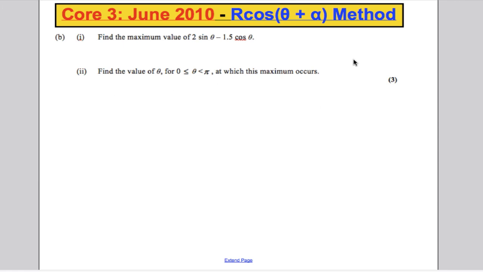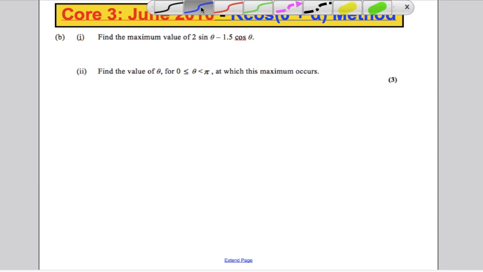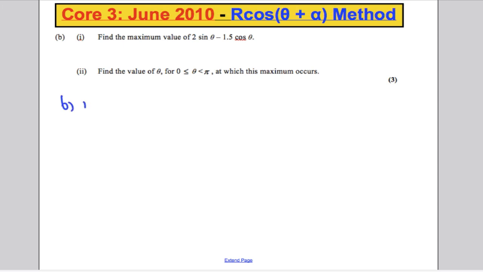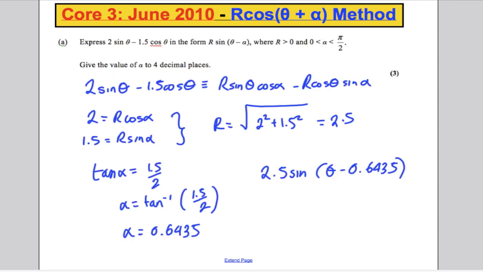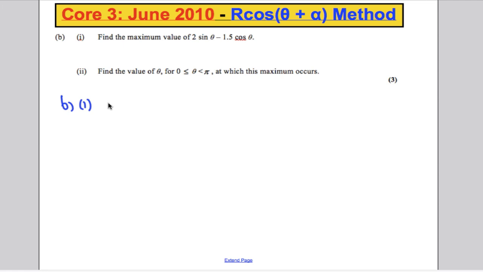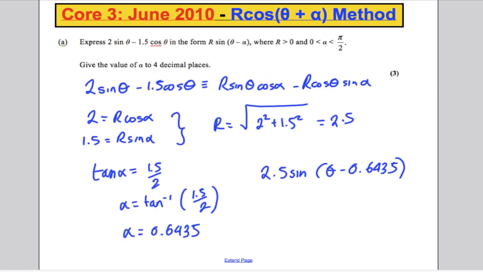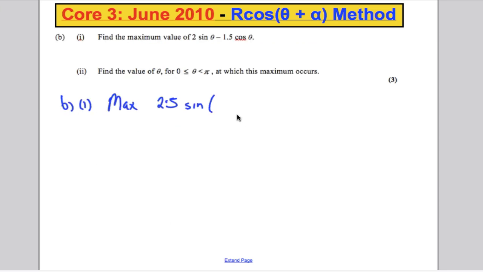Okay, to find the maximum value for the next part, part B part I, it's the same thing as the maximum value of 2.5 sine(theta minus 0.6435). The maximum value of this is clearly 2.5.